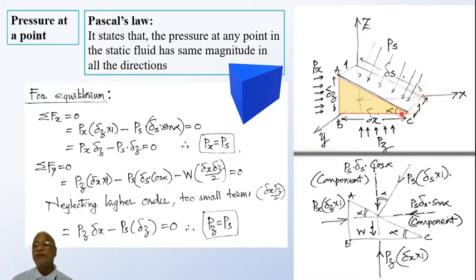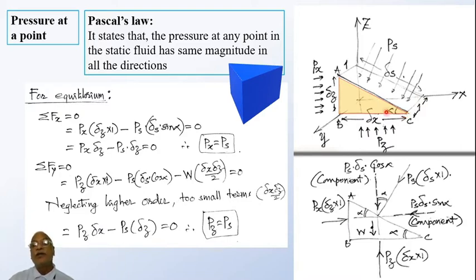The base area of the prism becomes delta x into 1, and then the left face of the area becomes 1 multiplied by this dimension which is chosen as delta z. So along z direction we got delta z, along x direction delta x, but along y direction we got only unit length or 1.